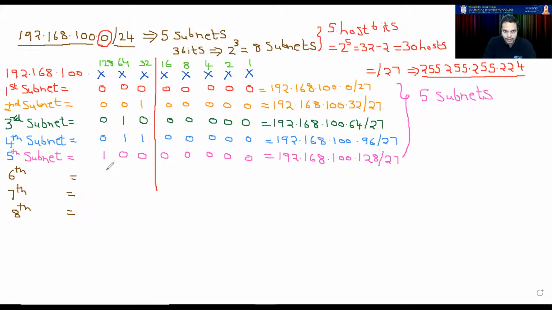After 100 comes 1, 0, 1. What will be the address here? 192.168.100.160/27. So this is the 6th subnet. For the 7th subnet, the binary bit positions will be 110, which equates to the same address, dot how much?